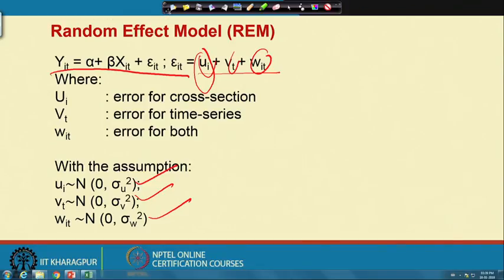This is, as usual, a requirement whether it is a fixed effect model or a random effect model.